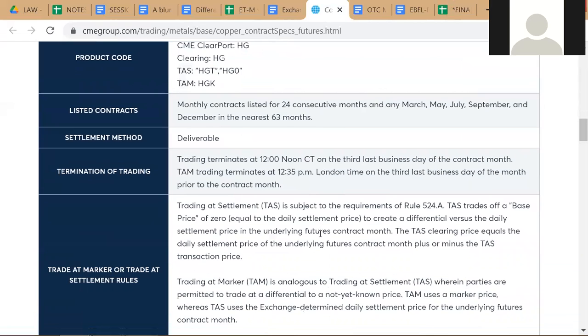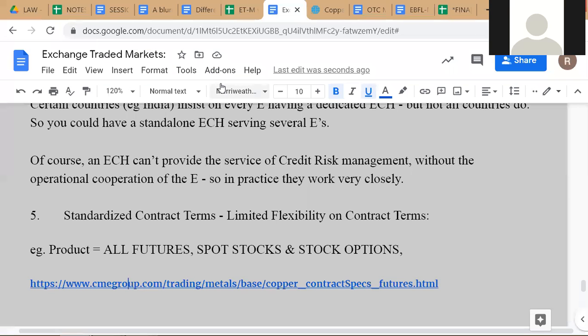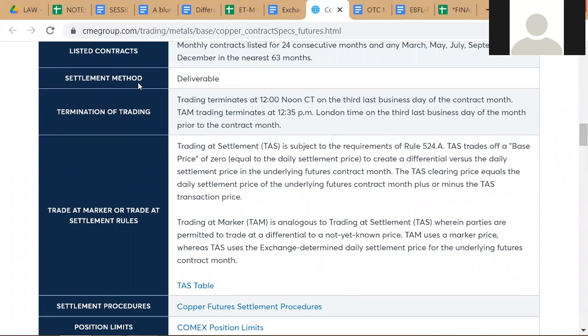Then the settlement period, and the settlement method. This is a very important thing which you will understand later. When it says settlement method, it either says physical delivery or deliverable. This means that when you sell copper, you can actually deliver it and settle that obligation.